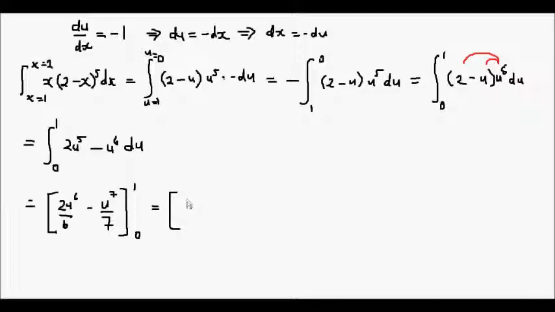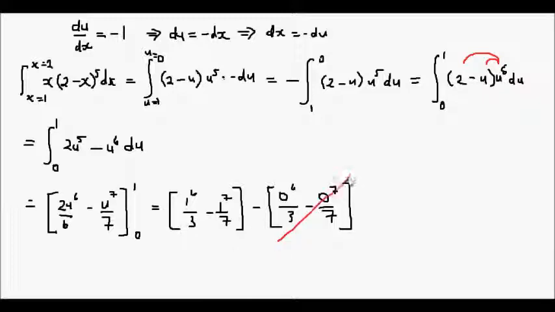So 1 to the 6th on 3 minus 1 to the 7th on 7, minus 0 to the 6th on 3 minus 0 to the 7th on 7.